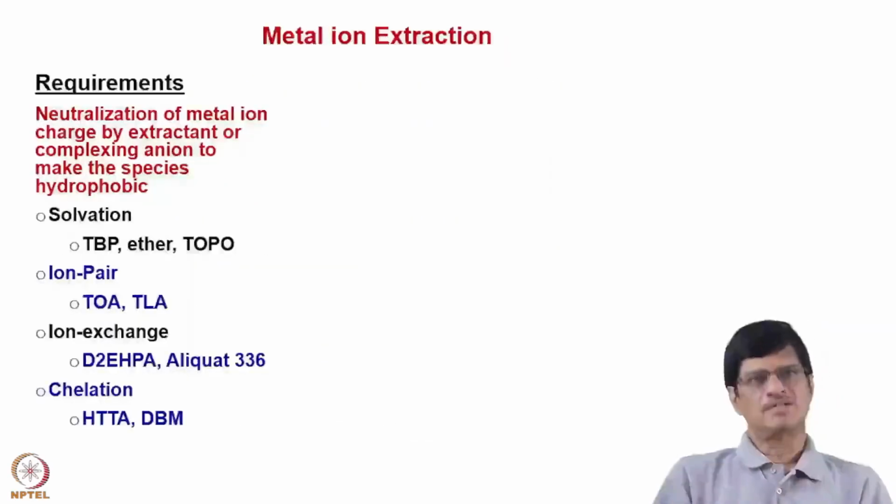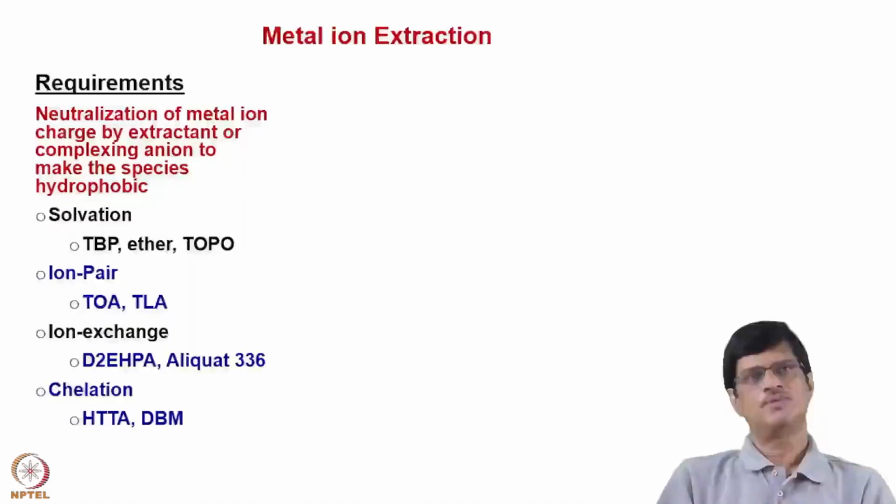Now for metal ion extraction, we need to neutralize the metal ion charge, because a charged metal species is not partitioned into the organic phase, and it is mostly present in the aqueous phase because of the hydration sphere of these metal ions, particularly for the actinide ions, which have very strong hydration spheres. So they can never go into the organic phase as such.